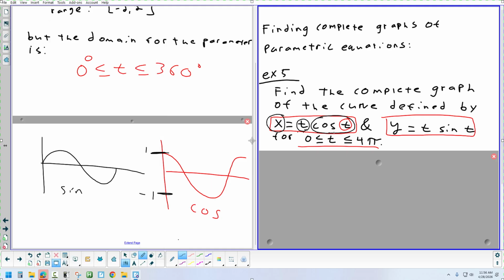Let's try the smallest. What's the lowest that cosine could ever be? -1 times what number here would give you the lowest value you could ever get? 0. We could go lower than 0. Well, the lowest you can get here is -1.